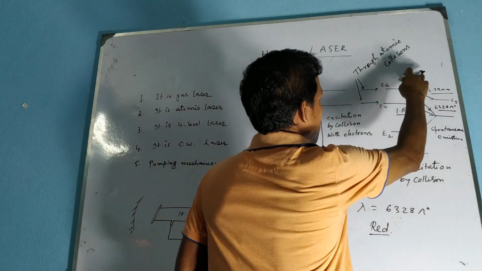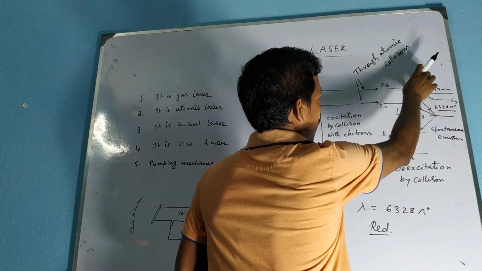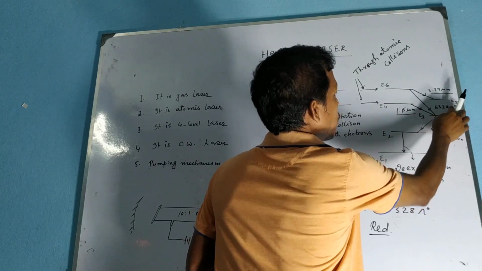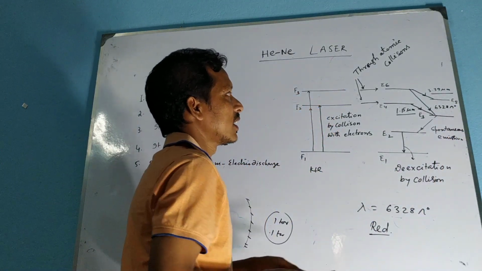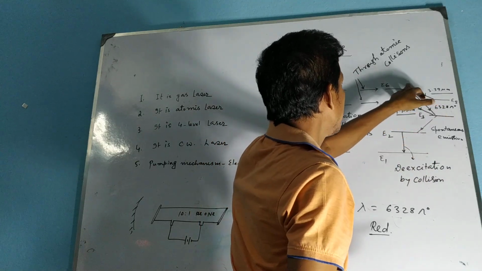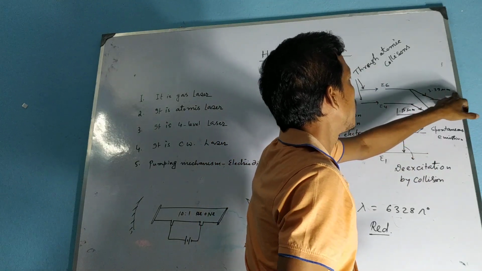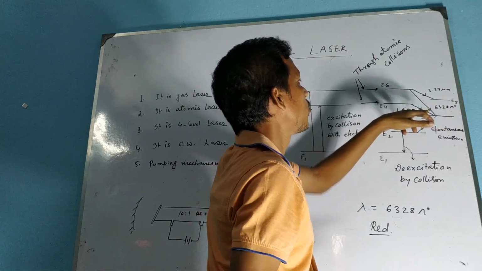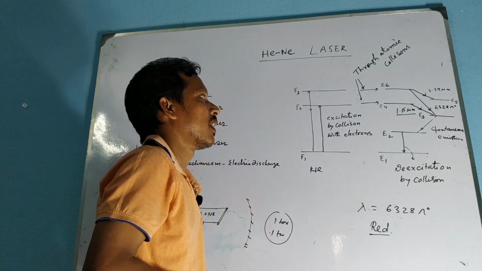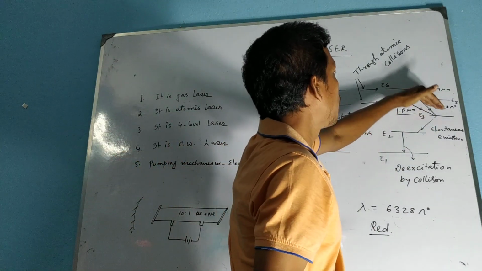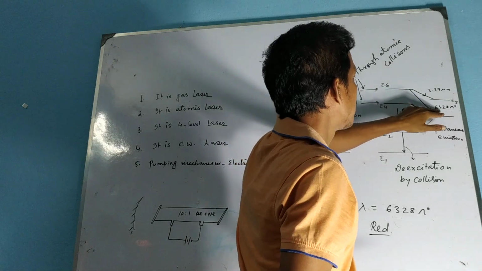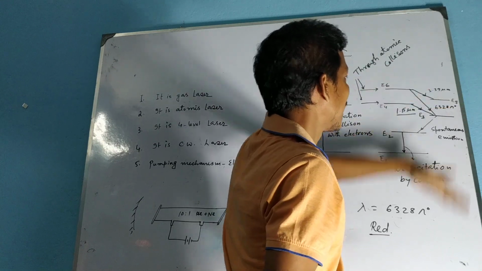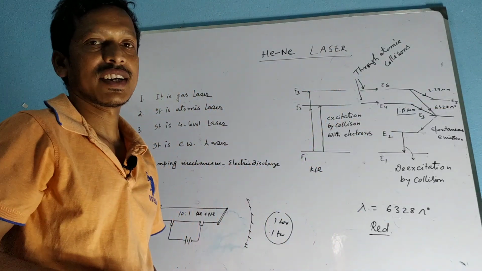The transition from E6 to E3 gives 6328 angstrom laser light, the transition E6 to E5 gives 3.39 micrometer, and the transition from E4 to E3 gives 1.15 micrometer. But the main component of the laser light is 6328 angstrom, and since the wavelength is 6328 angstrom, the color of the helium neon laser is red.